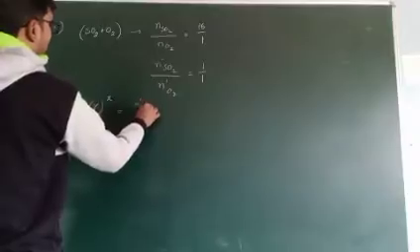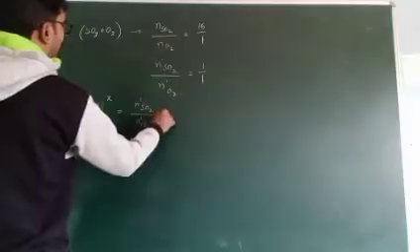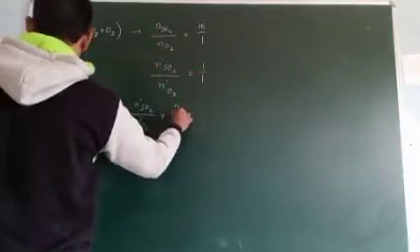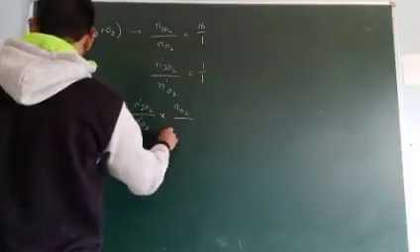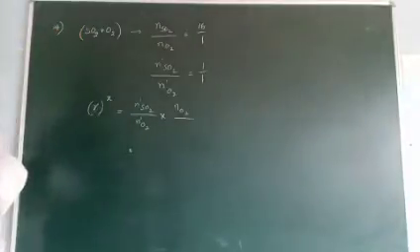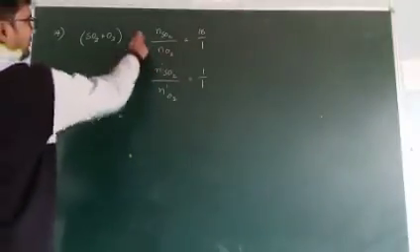So N dash SO2 by N dash O2, this value by this value.